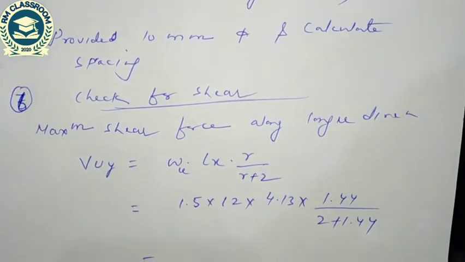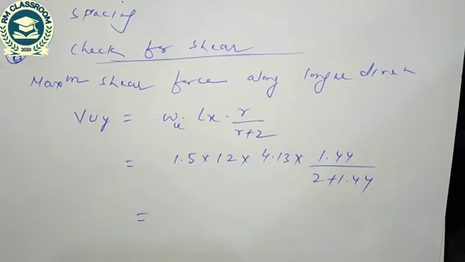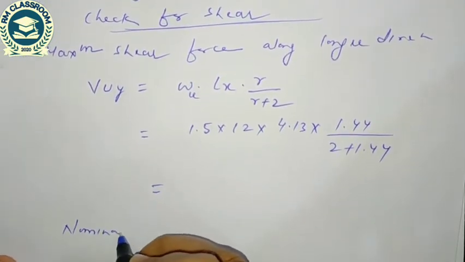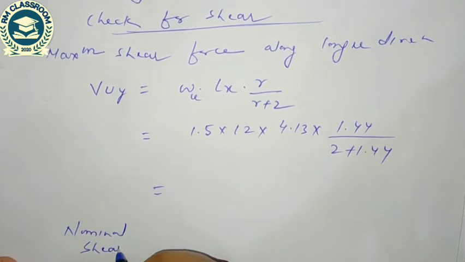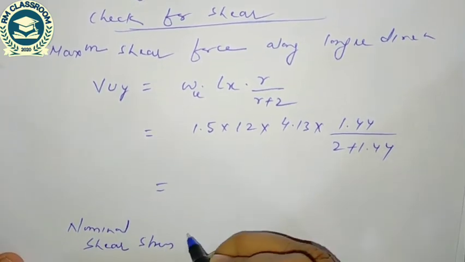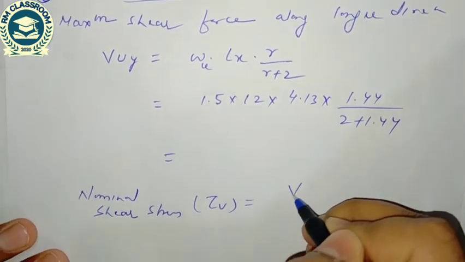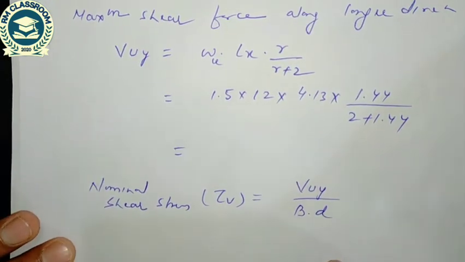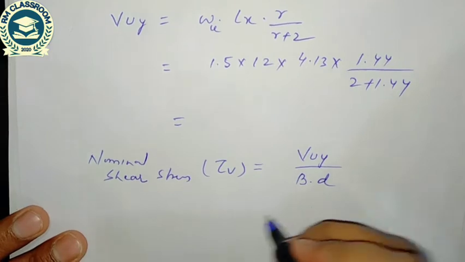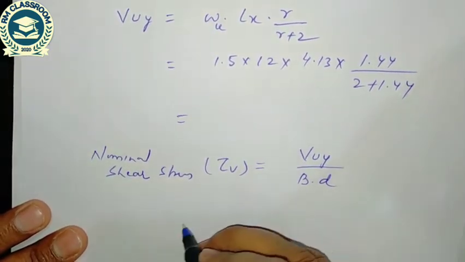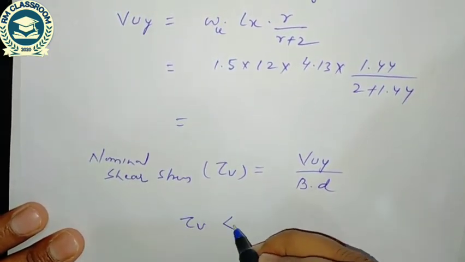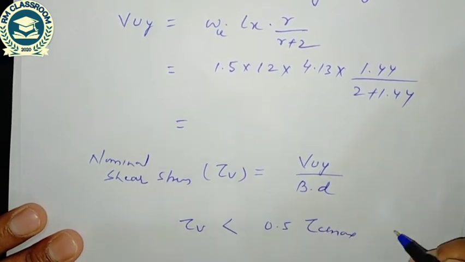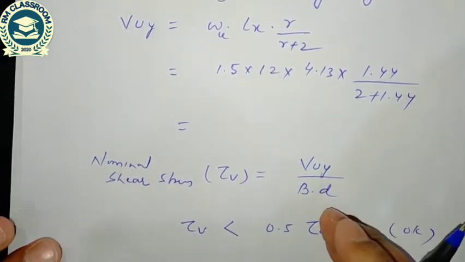So you can compute the shear force. Once you have computed the shear force, the nominal shear stress tau V is equal to VUY divided by B into D, and this value should be less than 0.5 times tau C max. Then it will be okay for the shear.